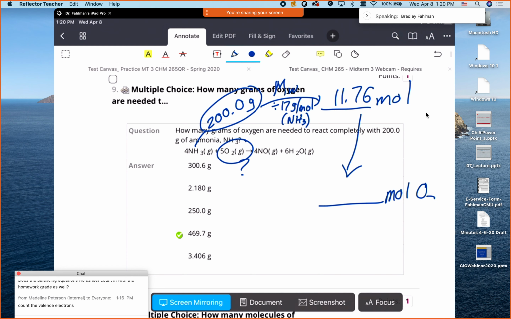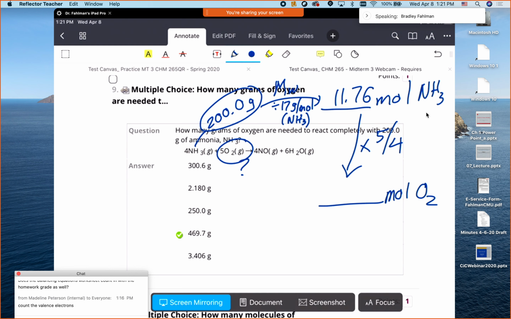Okay, and then how do I calculate moles of oxygen? So this is for NH3. Okay, you're going to use the ratios, right? So you're going to multiply by 5/4.